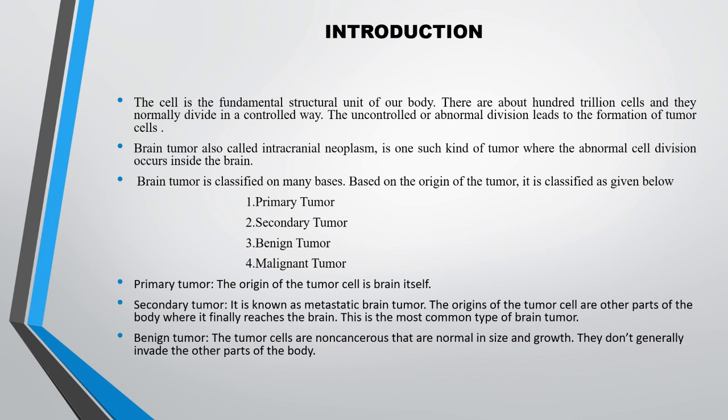These cells come from other parts of the body, and finally reach the brain. This is the most common type of brain tumor. In the brain tumor, the cells are non-cancerous and of normal size, and they grow, but generally don't interact with other parts of the body except the brain.